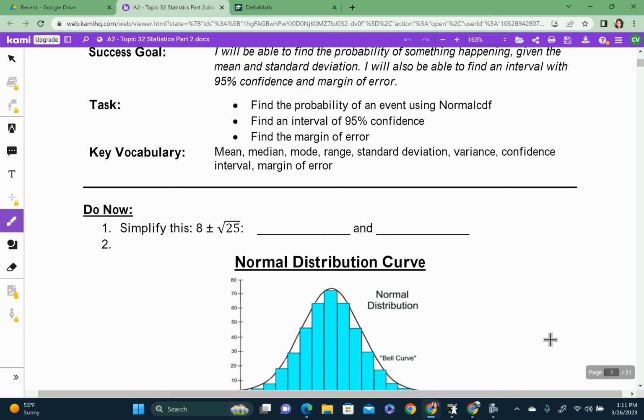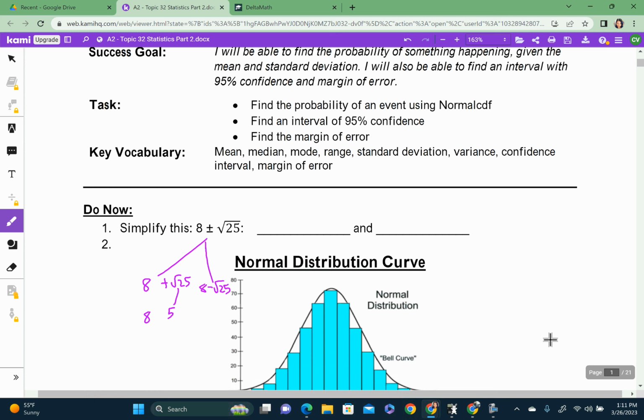First, we're going to start out with simplifying. If it says 8 plus or minus the square root of 25, I just want to bring this down here. We have two different scenarios: 8 plus the square root of 25, and 8 minus the square root of 25, okay? So what does this mean? How can we simplify this? We know that the square root of 25 is the same thing as 5.